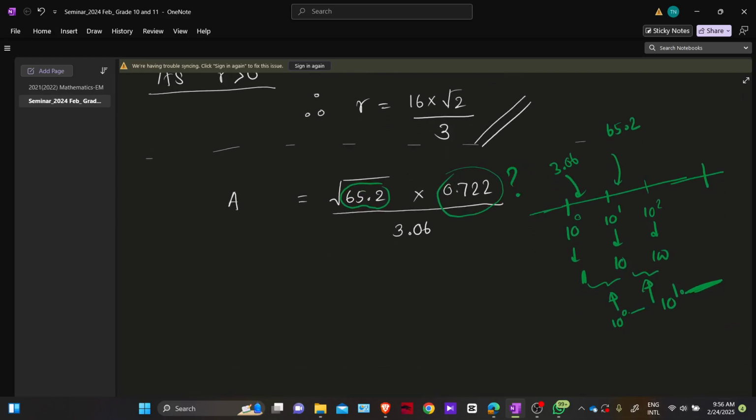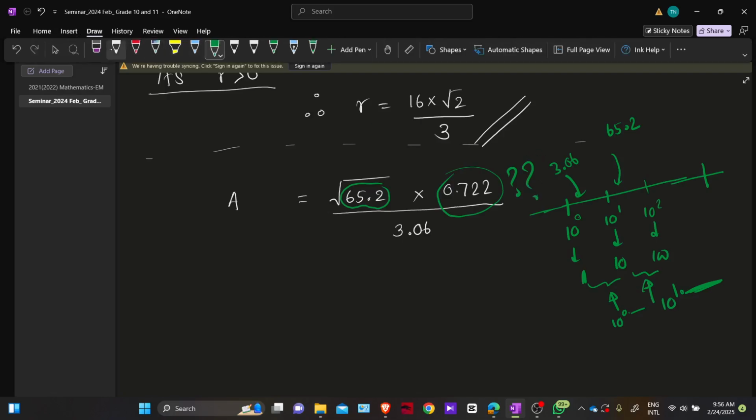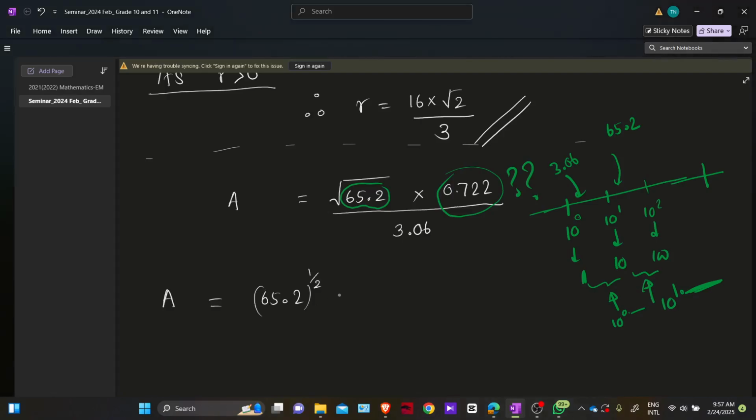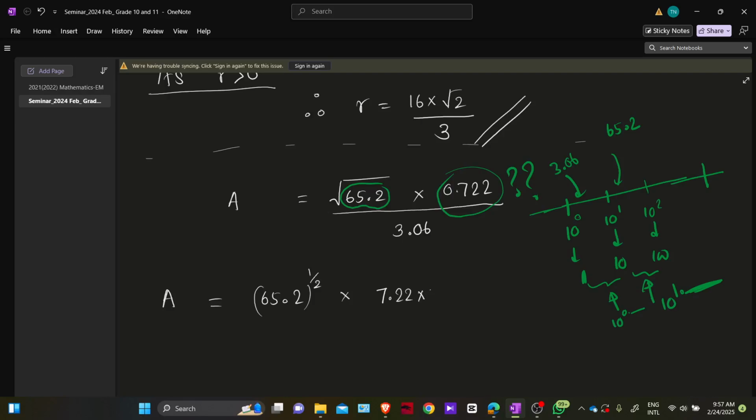Now there's a problem with 0.722. I'm gonna write it. Okay, let's write A. This is 65.2 with a new version. Index is halved. This can be written as 7.22 times 10 to the index negative 1.